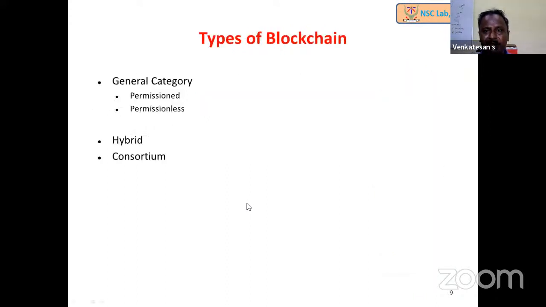So we have different categories of blockchain implementation or blockchain development. So one is permissionless. When the Bitcoin was introduced in 2008 by anonymous Satoshi Nakamoto, it was considering only the permissionless. So there was nothing like permissioned, hybrid, or private permission or public permission. There was nothing like that.